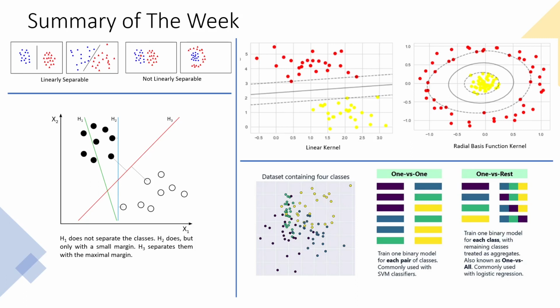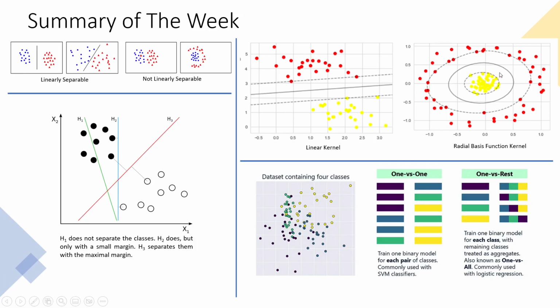Support vector machines were using the dot products of samples. And if we take the dot products of samples in a higher dimension, then it's possible to solve linearly non-separable problems, such as this one. So we use a radial basis function here.